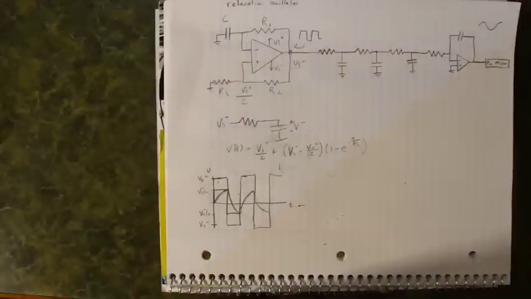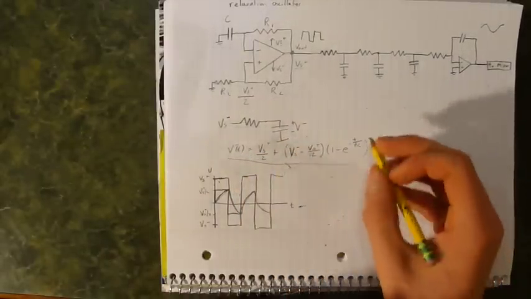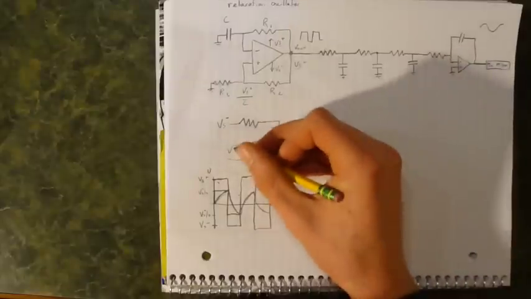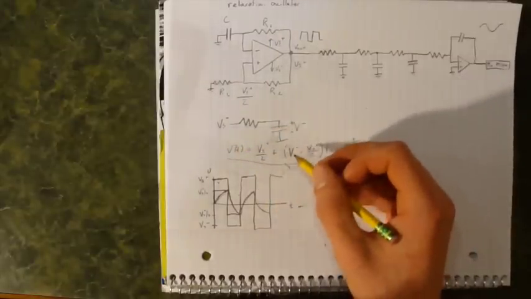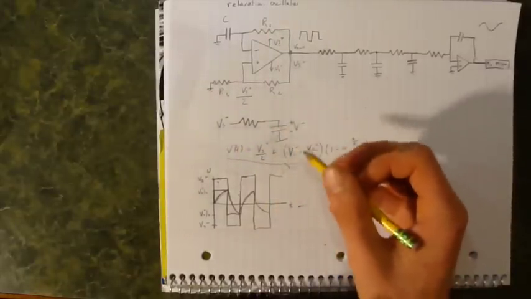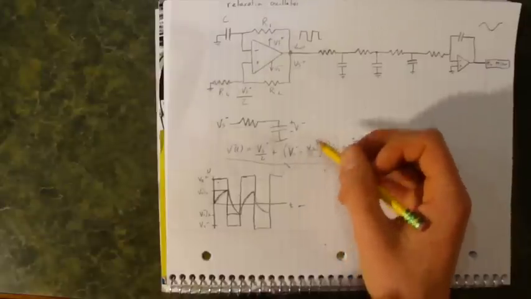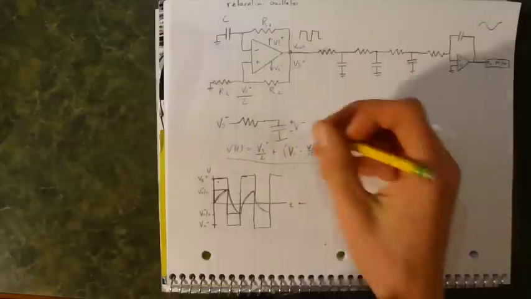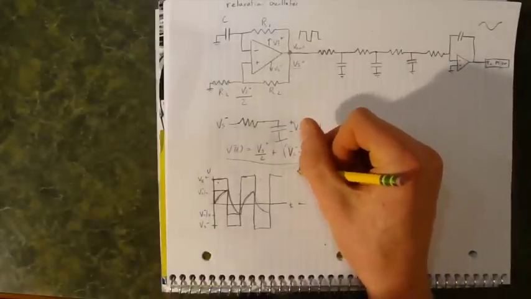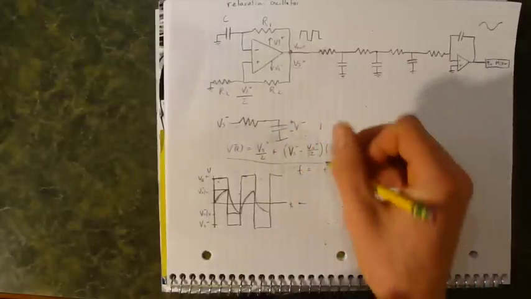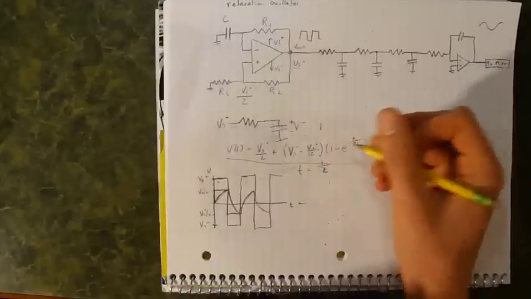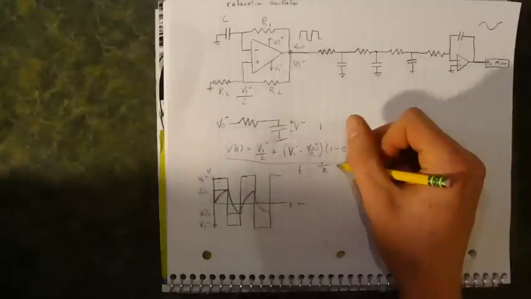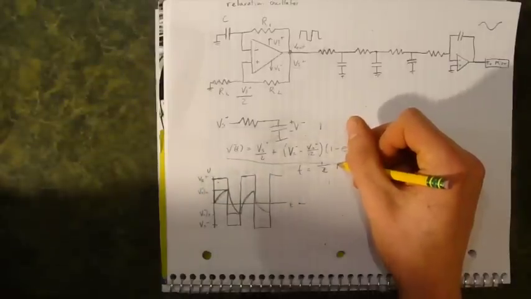To calculate this value, we just need to evaluate this expression for t when V minus equals Vs over 2, once it equals the V positive pin of the op amp. And then that expression for t is equal to 1/2 of the total period of oscillation.